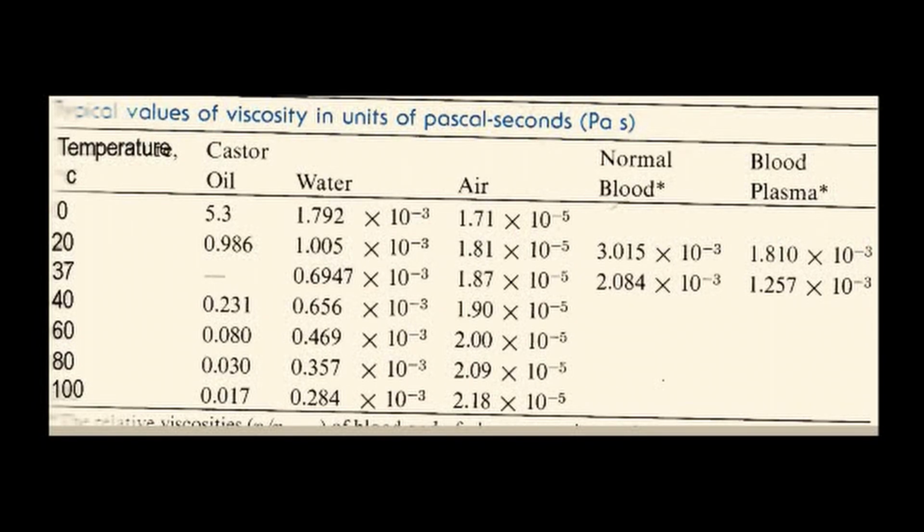You can see from the diagram above, I downloaded this diagram just to show you the variations in viscosity between an oil, water, and air, and the blood and plasma. We can see as temperature increases, the oil viscosity drops dramatically from 5.3 to 0.986.